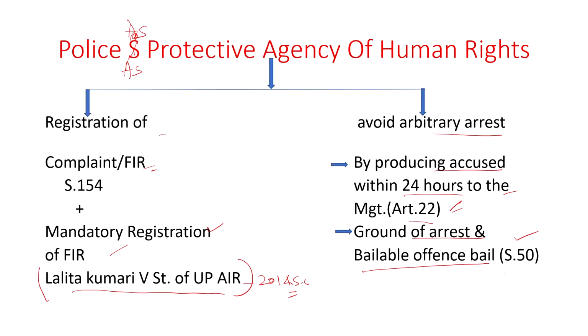Second important area where police can play an important role in protection of human rights is by giving information to the accused on whether the accused has committed a bailable offence or non-serious crime.